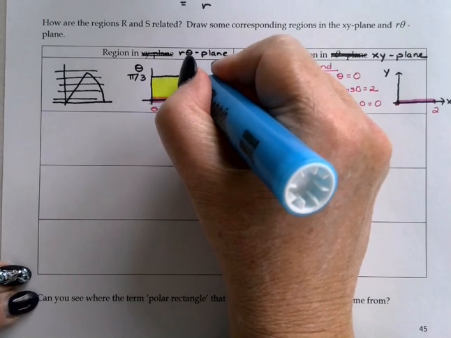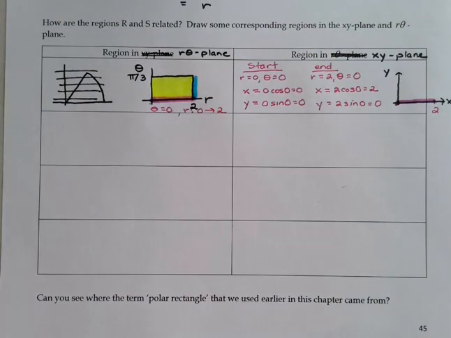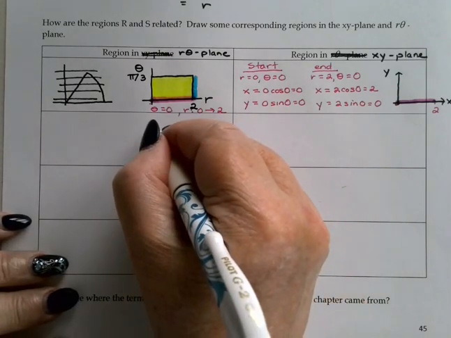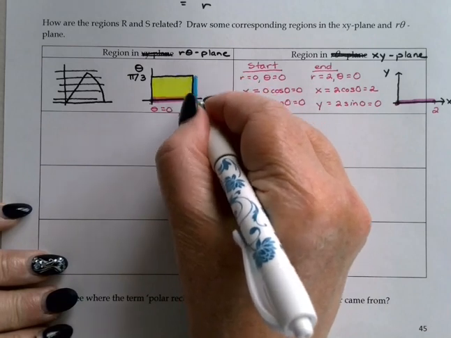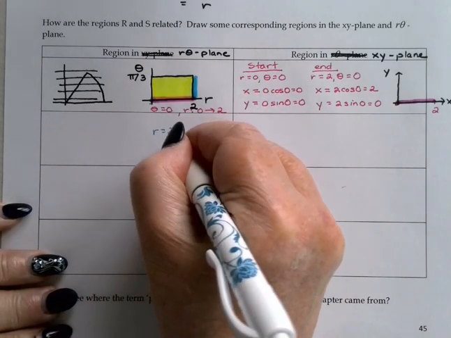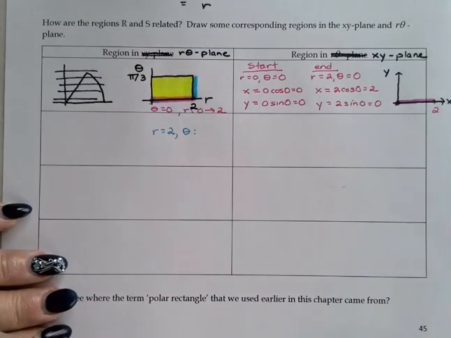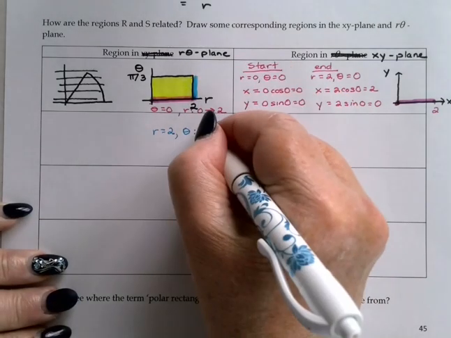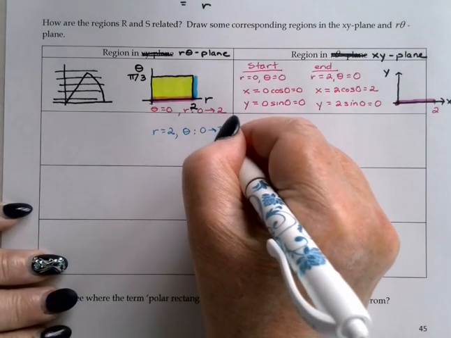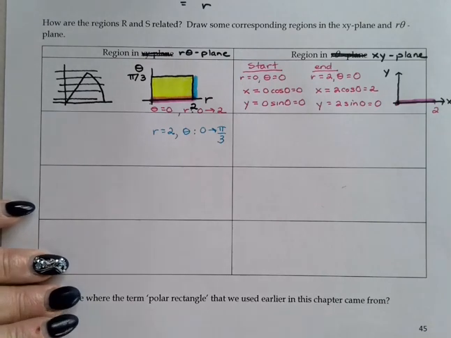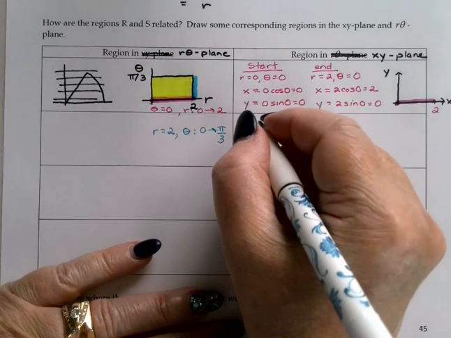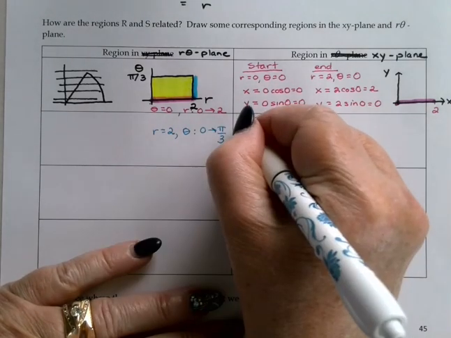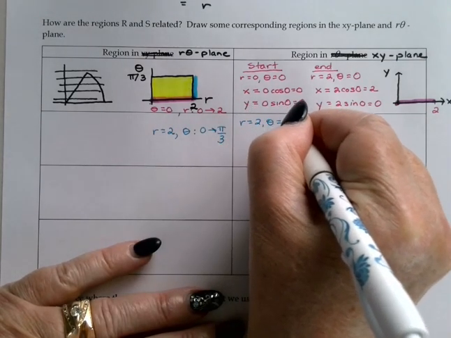All right, let's try the next piece. I'm going to do the right-hand side of the rectangle next. For that right-hand side, r remains constant. r is equal to 2. But theta goes from 0 to pi thirds. So again, if I think about a starting and an ending, I start at r equals 2, theta equals 0.